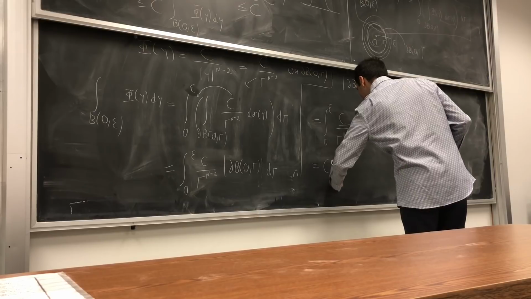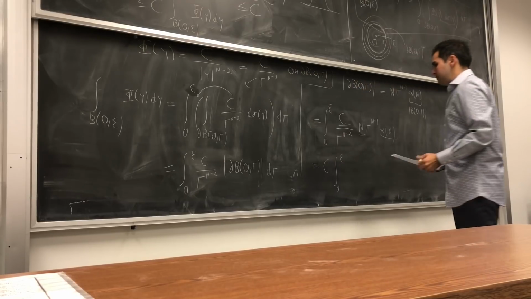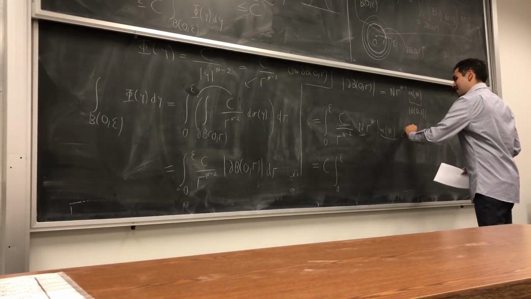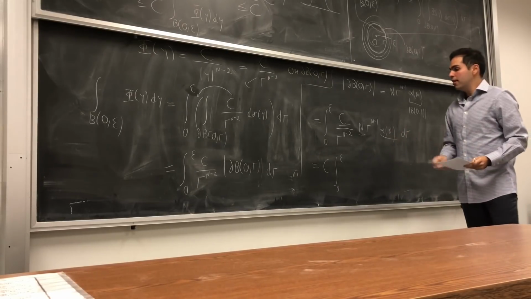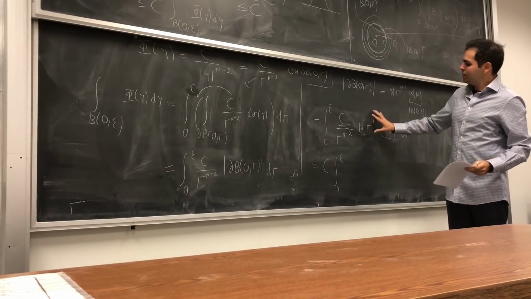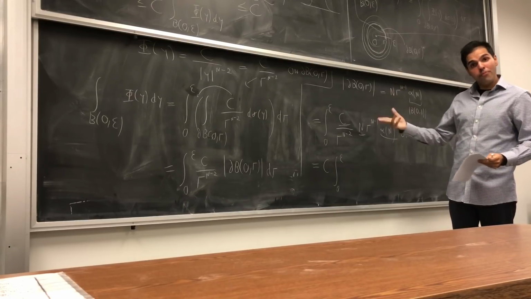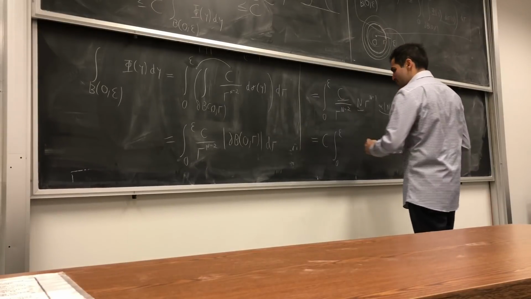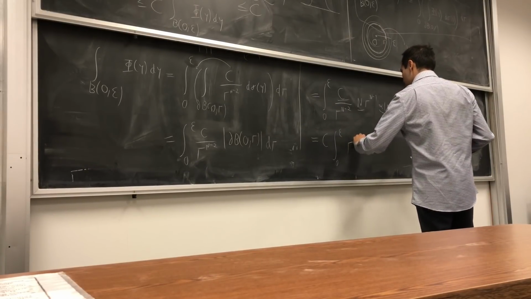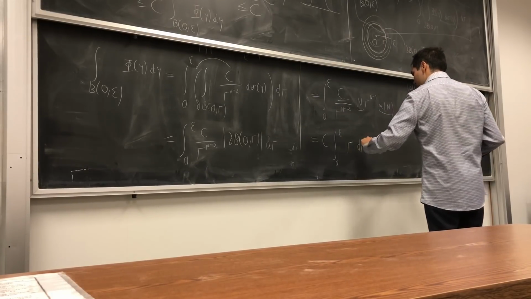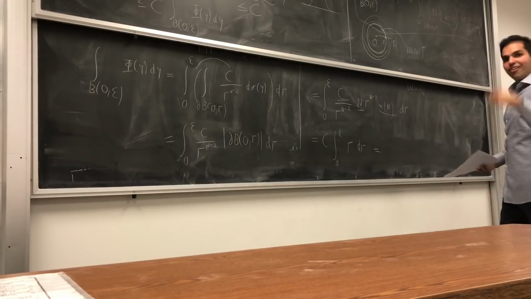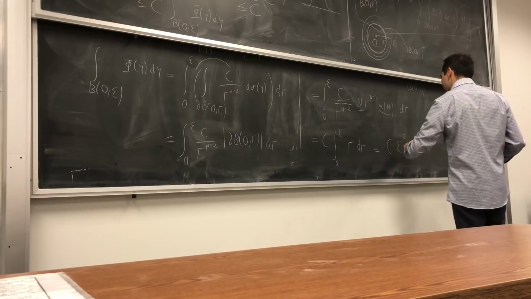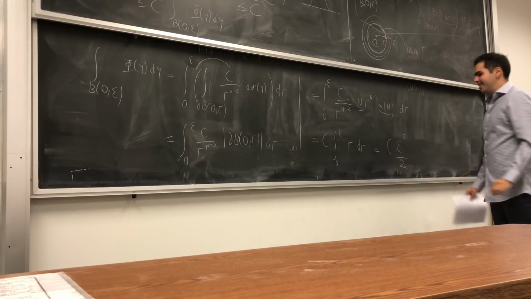So it's c times the integral from 0 to epsilon. Now, again, this might blow up, but notice the exponents precisely balance out to give you a nice exponent, which is r dr. And then, well, this you can anti-differentiate, and you get c epsilon squared over 2.